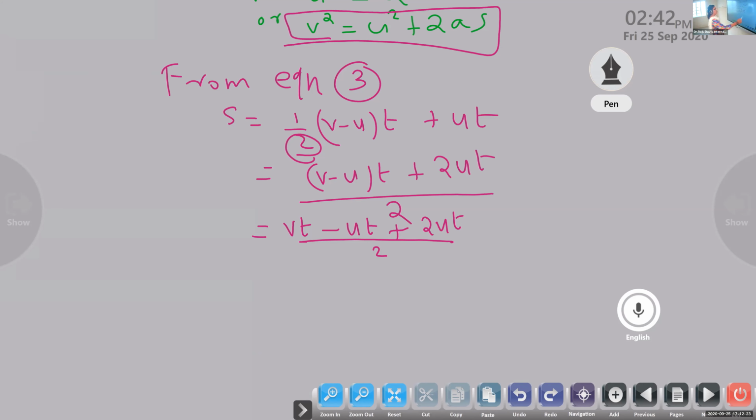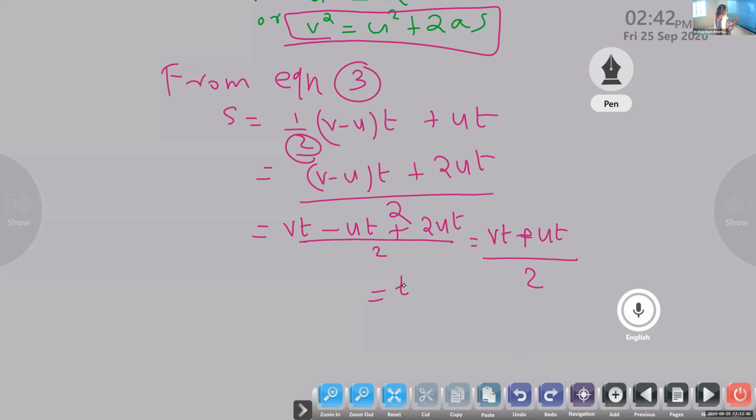What is going to be the equation now? Minus ut plus 2ut, just like integer addition, is ut. So vt plus ut by 2. Take the t out.